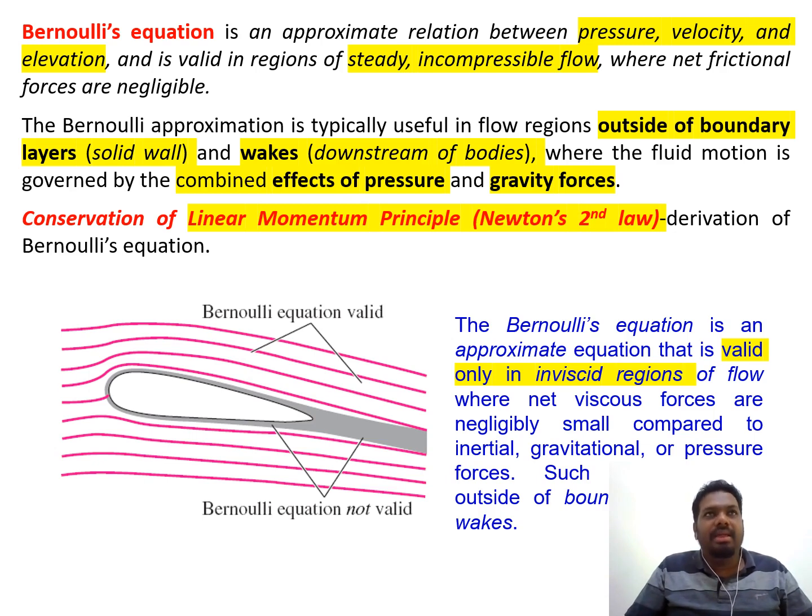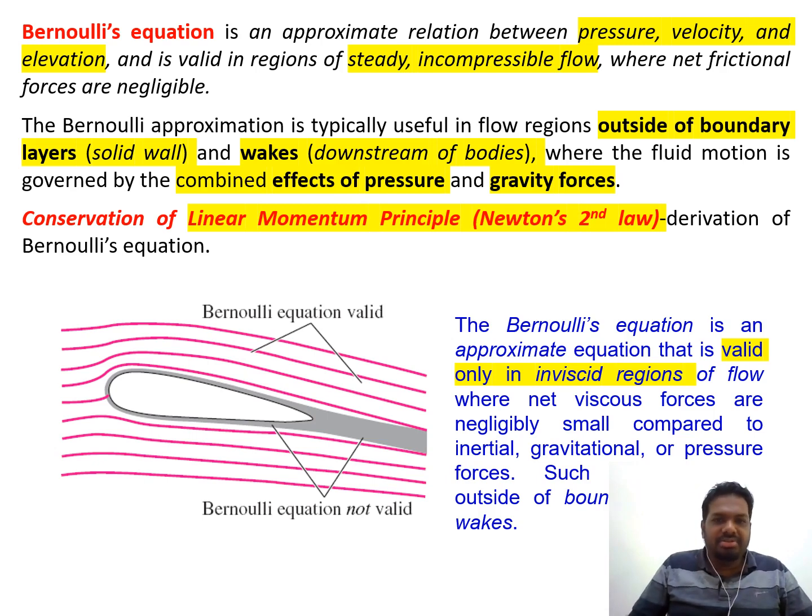It can only be used in a region with a steady incompressible flow. If you have a flow which is not steady and is compressible, then you cannot use Bernoulli's equation. That's the limitation of the equation.